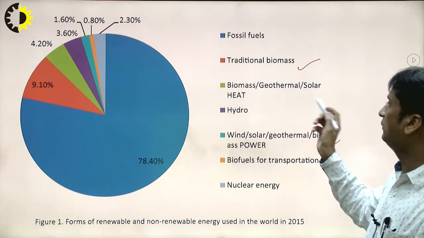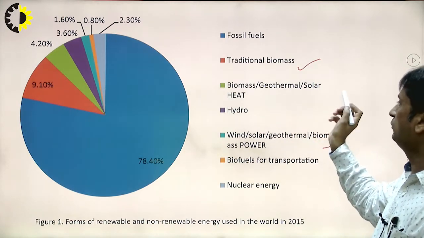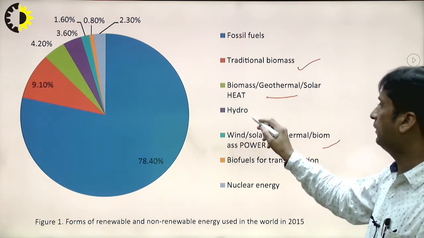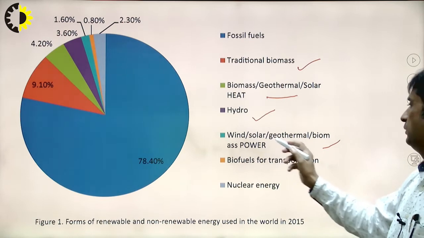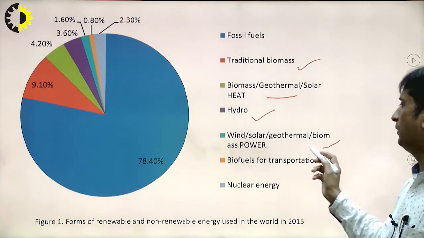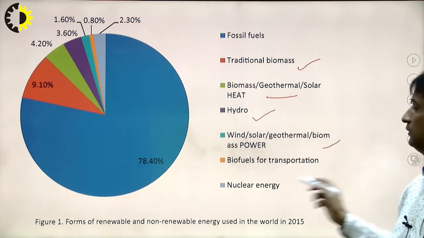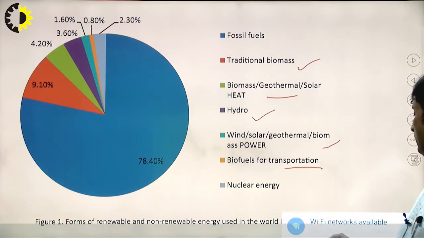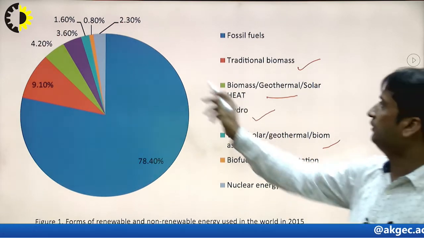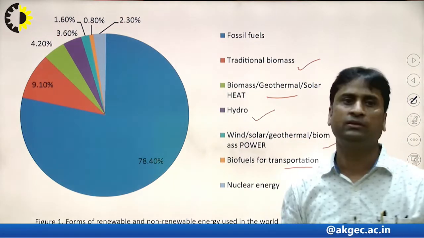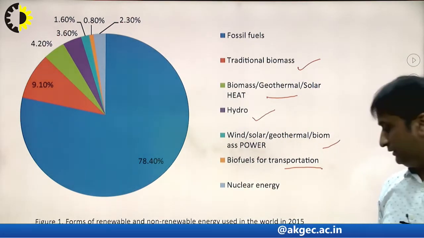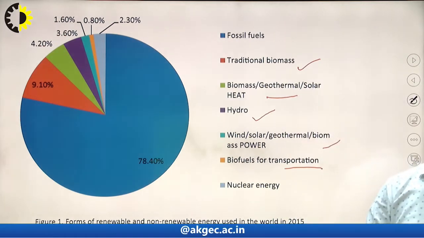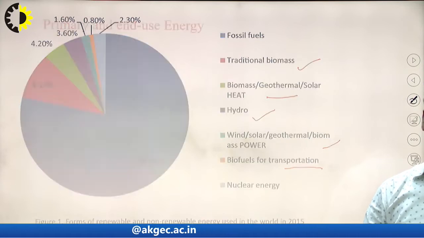Then we have biomass, geothermal and solar heat energy, which is around 4.2%. Then we have hydro, wind, solar, geothermal, biomass, which are the renewable energy, and biofuel as transport. And ultimately we have nuclear energy, which is the very least, around 2.3%. So these are the forms of energy that we were using in the year 2015.